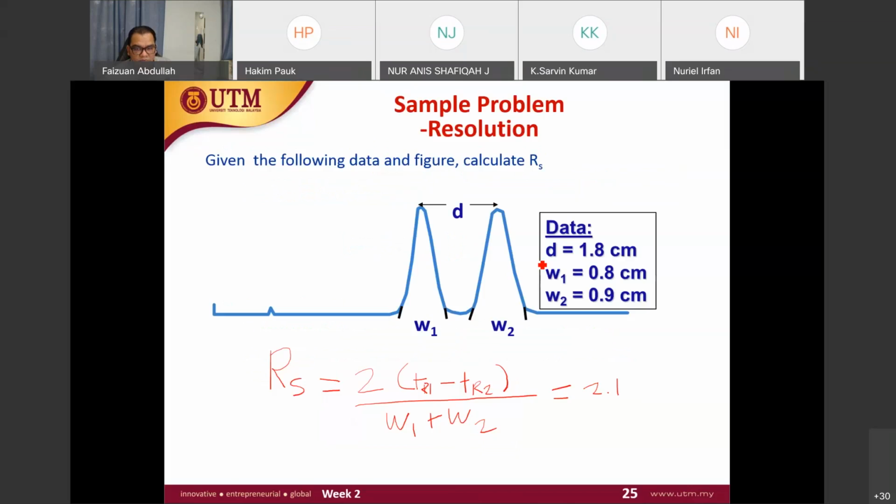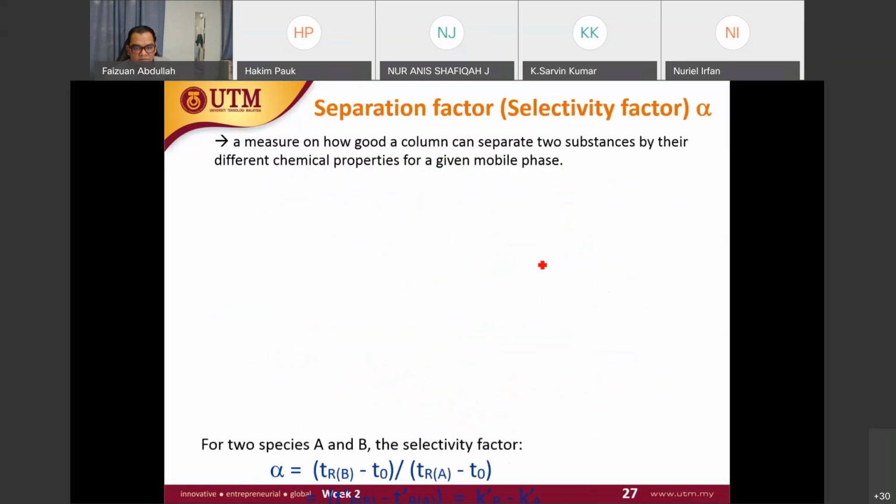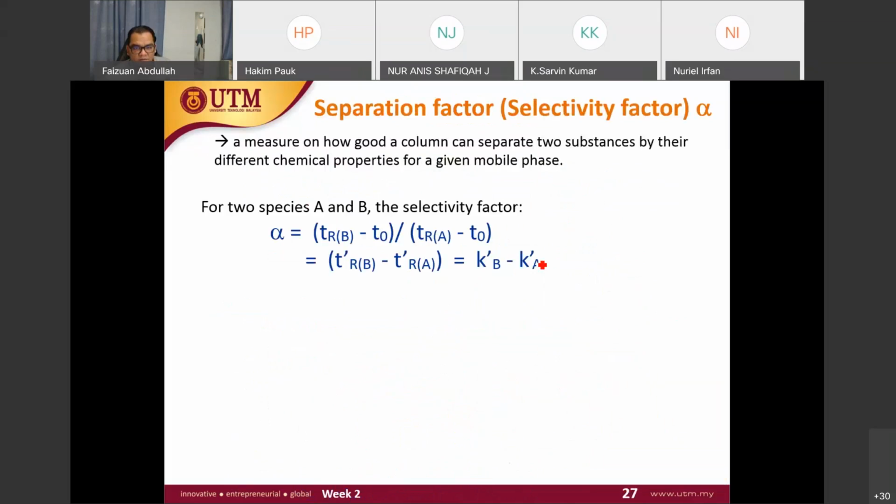So the equation is simple: we just replace with k' B over k' A, the ratio of the k apostrophe equal to alpha, the selectivity factor.